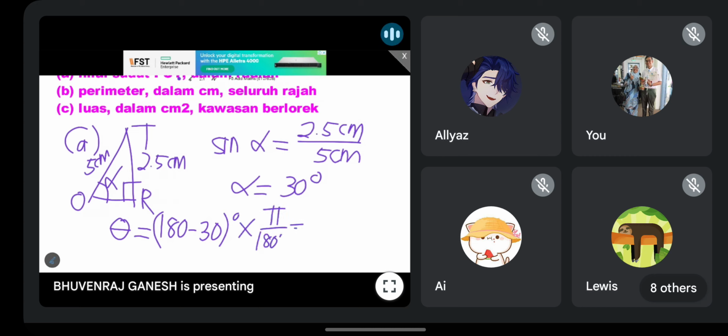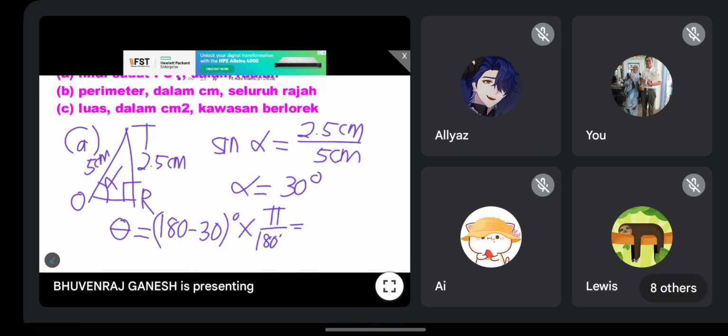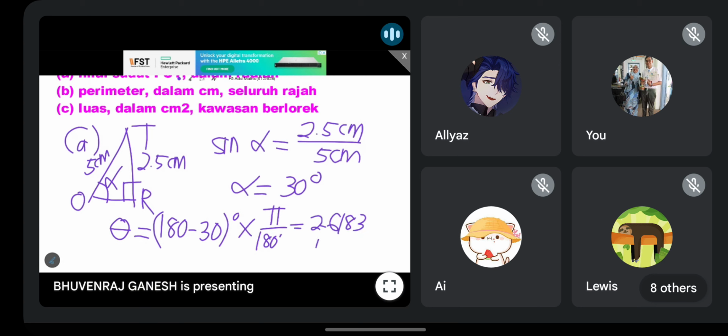4 dp, yeah, guys. I want 4 dp. Yes. Okay, 2.6183 radian. This is 4 dp.